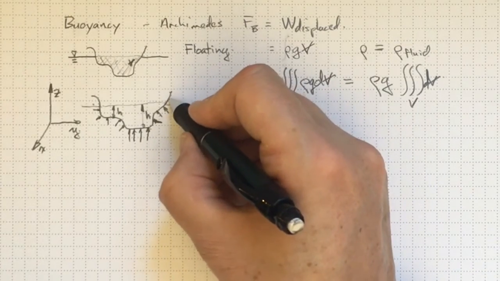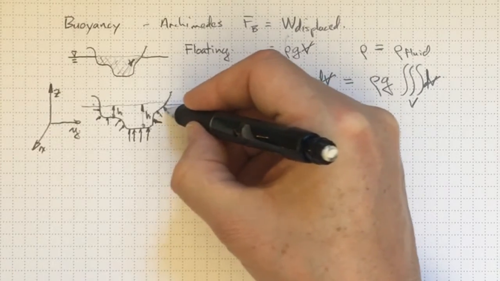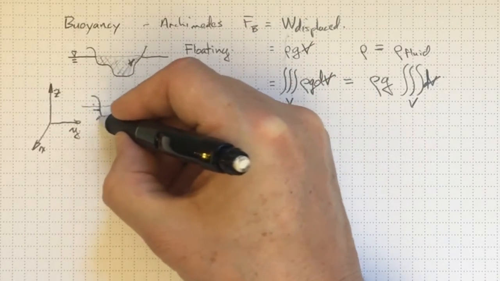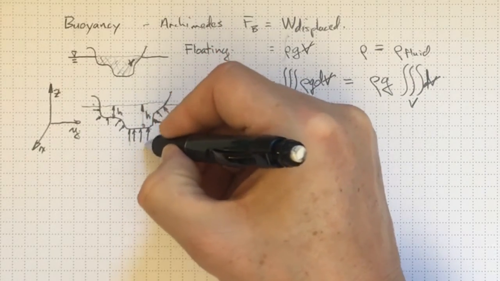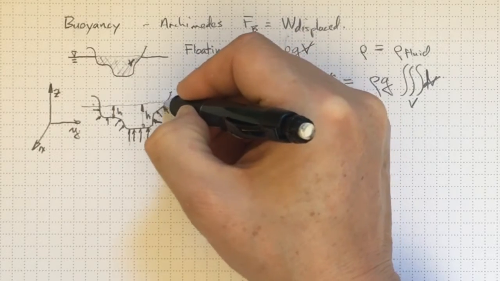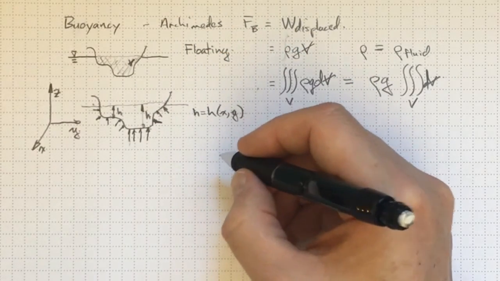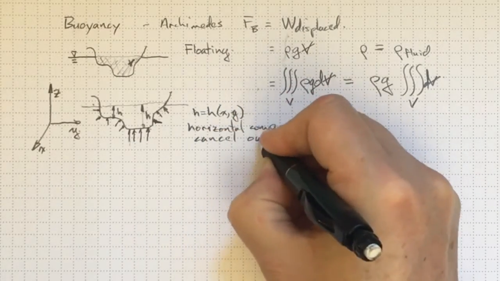Now, if we consider only the horizontal components, then the force pushing this way on this side and the force pushing that way on that side, they're all going to cancel out. However, the forces pushing upwards vertically don't have any corresponding forces pushing downwards if we work in gauge pressure. So the horizontal components cancel out.